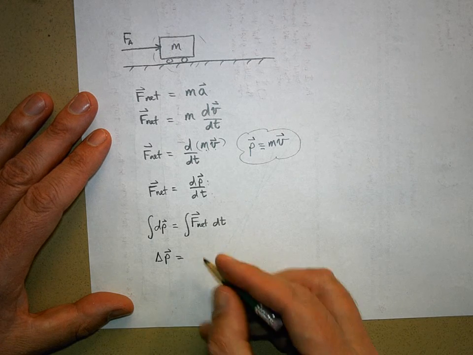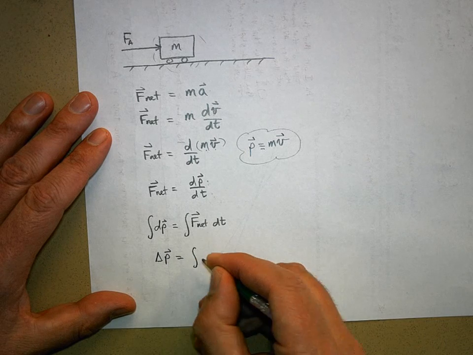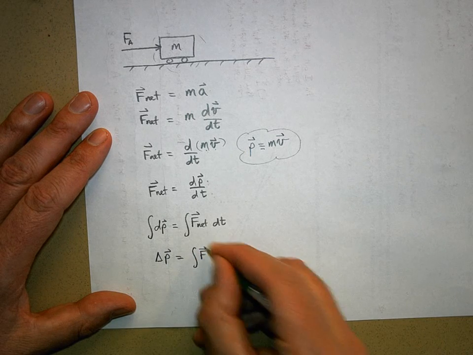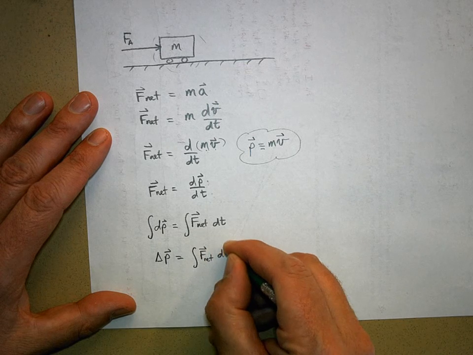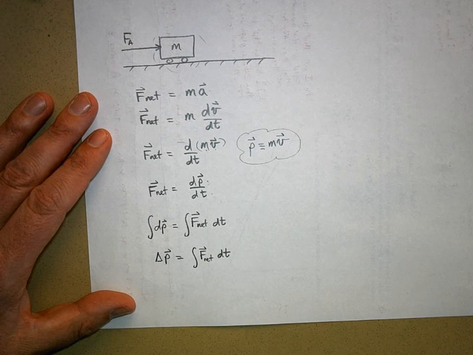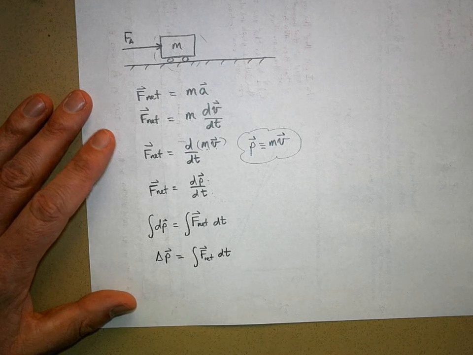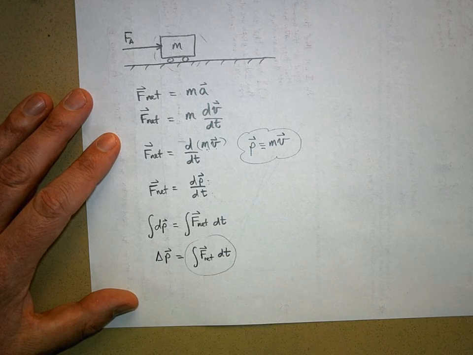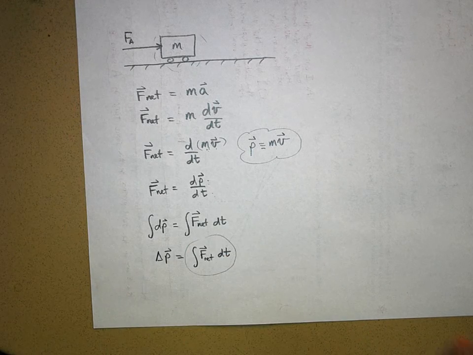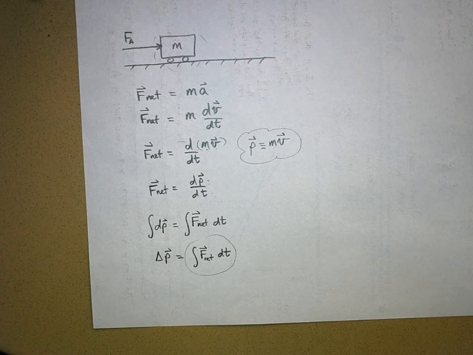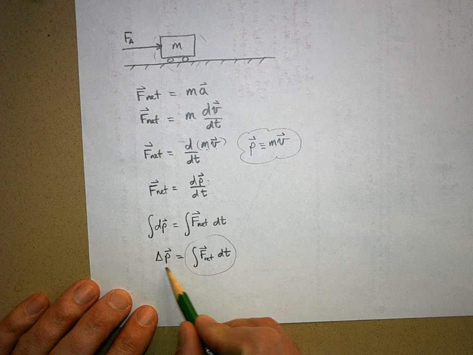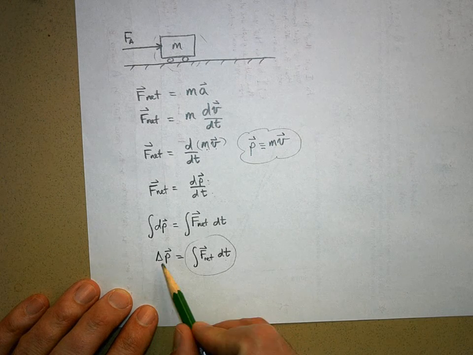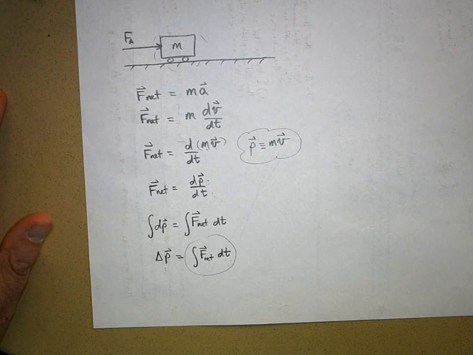And this right here is, well, I'm just going to leave it alone, the force, and it has to be the net force times time. Now when you integrate force times time, when you have a net force multiplied by time, that gives you the change in momentum of the object.